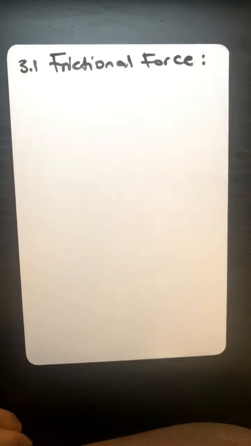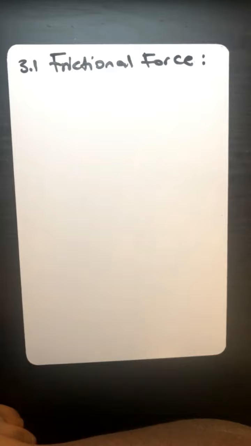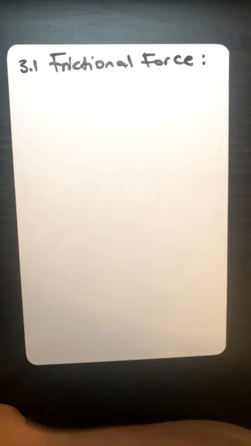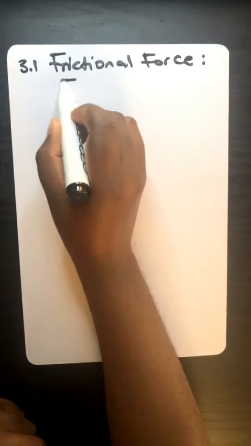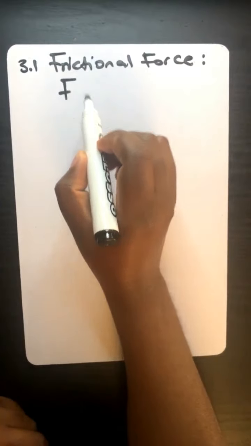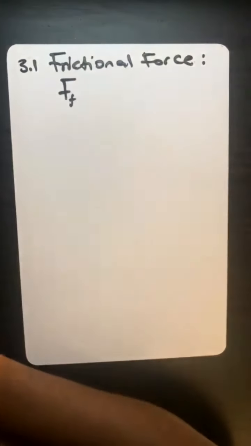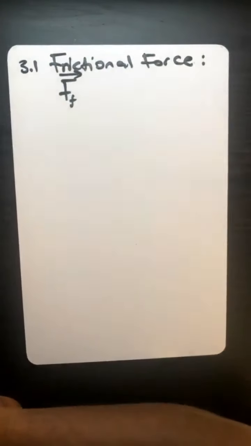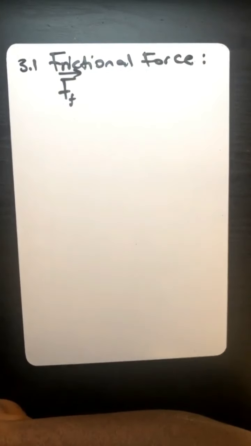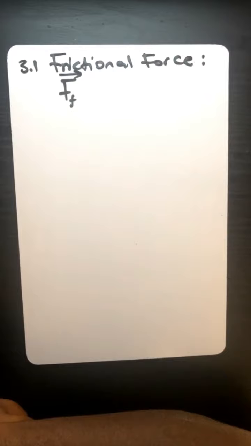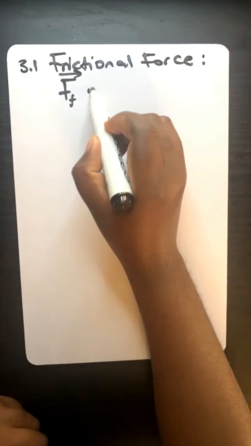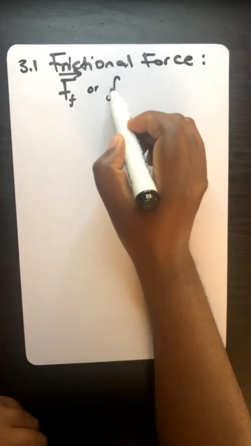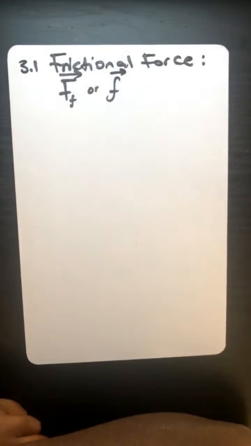So in today's lesson, we'll be looking at frictional force. How do we represent frictional force? Frictional force is represented by capital letter F, then small letter f. Most importantly, an arrow at the top indicates this is a vector quantity, or otherwise you can just write that f and indicate it with an arrow.